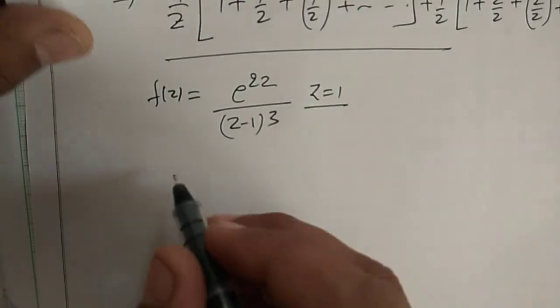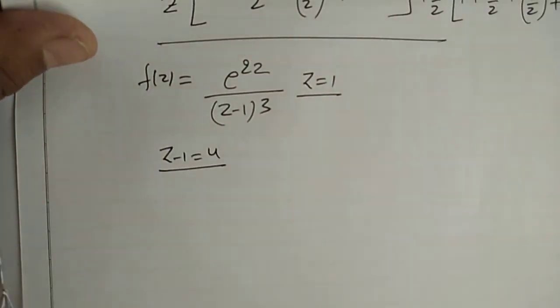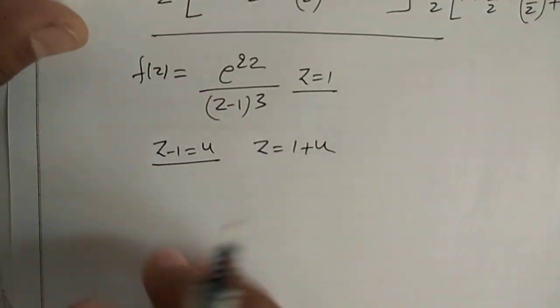What we do is take z - 1 = u, so z = 1 + u.